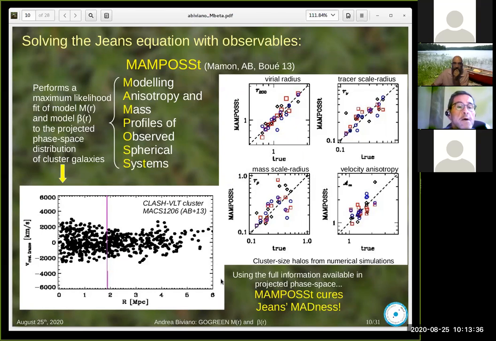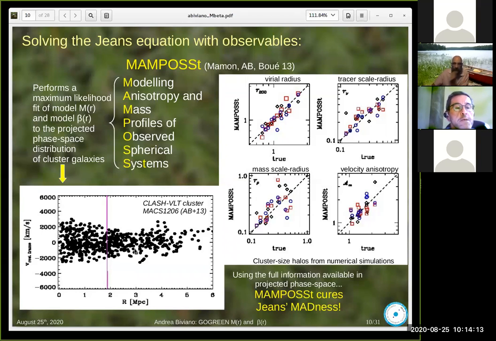That was an idea basically to use the full distribution of galaxies in projected phase space as shown here, and assuming models for the mass profile and for beta of r, find out which are the best fit parameters that basically give the maximum likelihood of observing all these galaxies, all these members in projected phase space. So what's the probability? The method says what's the probability of observing this galaxy at this velocity at these radial distances, given the mass profile and velocity anisotropy profile.